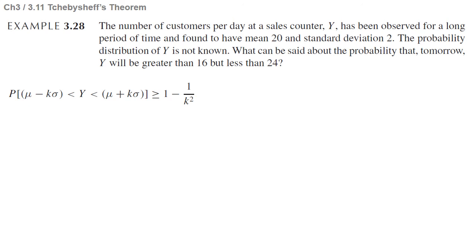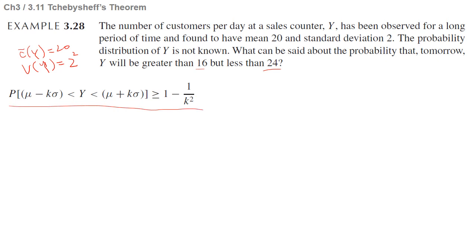So E[Y] is 20 and the variance of Y is 2 squared. What can be said about the probability that tomorrow Y will be greater than 16 but less than 24? And from the Chebyshev inequality, we know this.